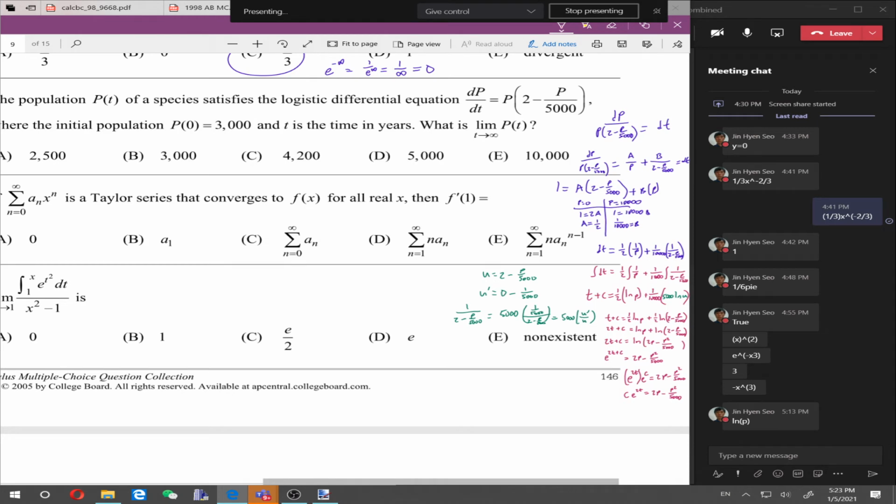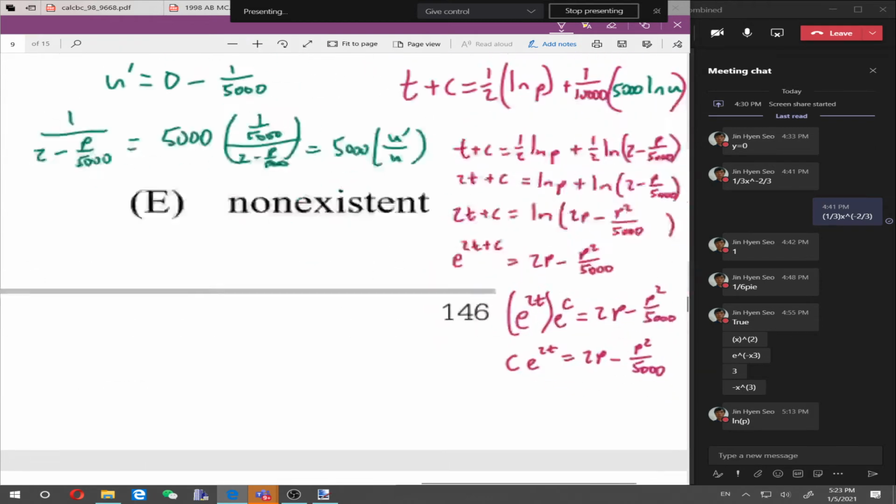I guess I'm going to go ahead and do that. So we know when time is 0, our population is 3,000.